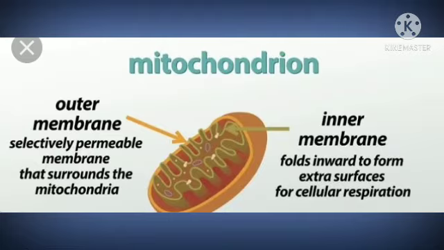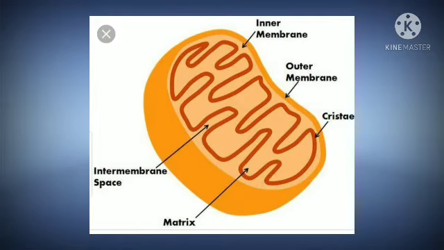Outer membrane is continuous. It forms the boundary. The inner membrane forms infoldings called cristae. The inner and outer membranes divide the lumen, that means the cavity, into two aqueous compartments.